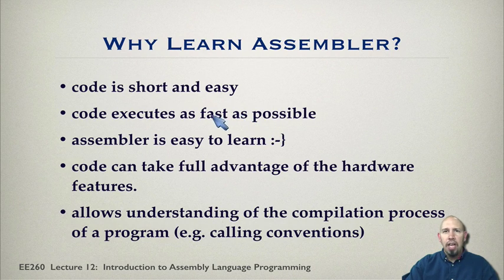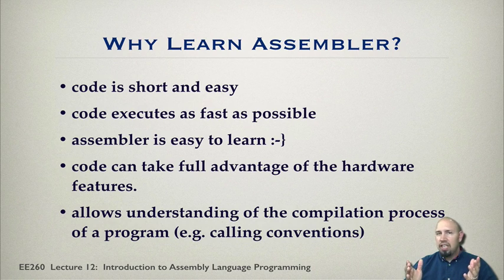That is, you can write the code to execute as fast as possible. And with each instruction that you give in an assembly program, you can actually count the number of clock cycles. So each instruction, you know exactly how many clock cycles that particular instruction is going to take. So you can optimize things in terms of their actual clock cycles.